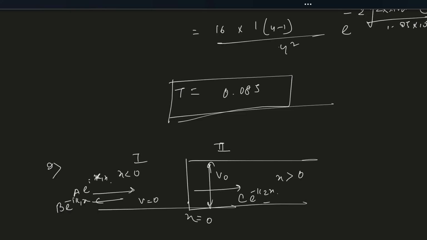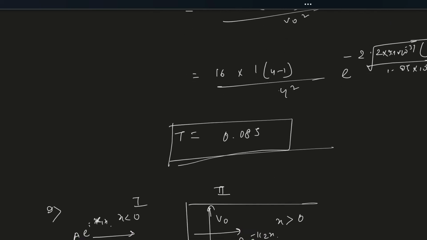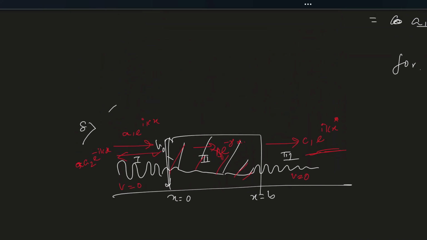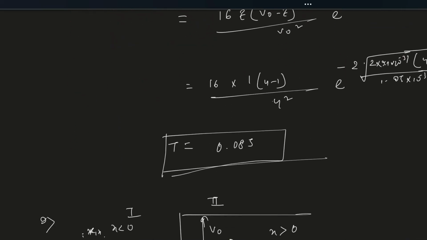So now by using the Schrodinger equation in region 2, you have d2 psi by dx2 equal to k2 square psi, where k2 is root of 2m (V naught minus E) by h cut.